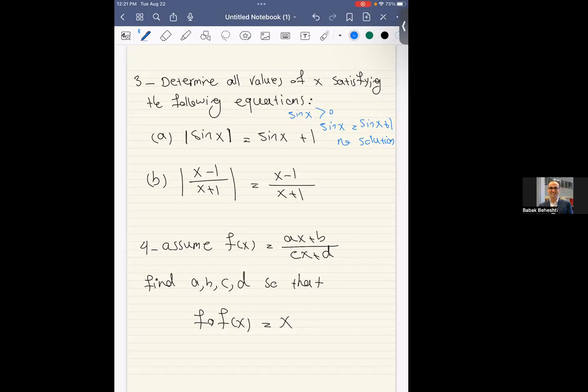So then you do the same thing when sine x is negative. You can take the absolute value and then solve the equation when sine x is negative. The absolute value of sine x becomes minus sine x, right?